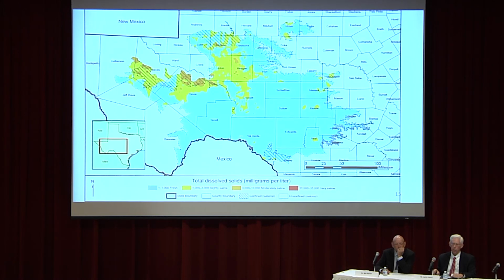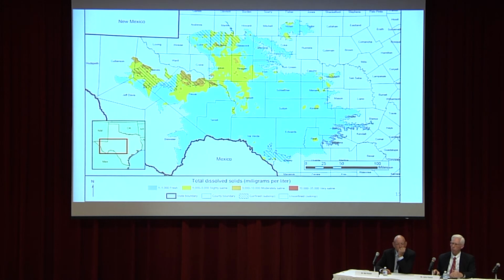You also have water quality variations in the Edwards Plateau aquifer, a dominantly freshwater system, but as you look into the north and west, you see those warmer colors representing groundwater that is basically in the brackish to slightly saline zone, which also corresponds to much of the oil and gas production occurring in that area.